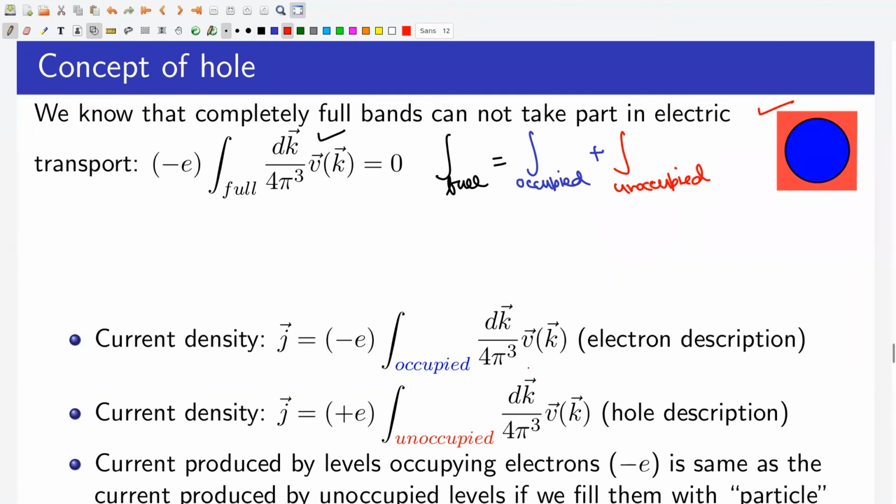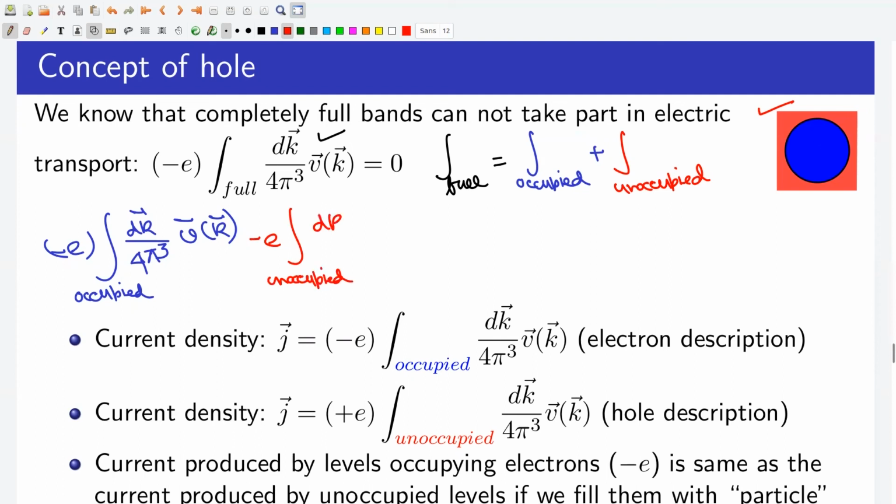Splitting the integral over full Brillouin zone into two parts, we get minus E integral over occupied and integral over unoccupied. And this should be equal to 0.